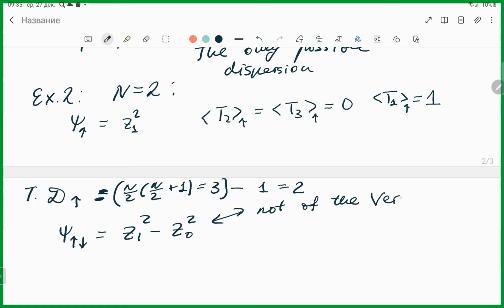Not of the Veronese form. It's not a complete square.